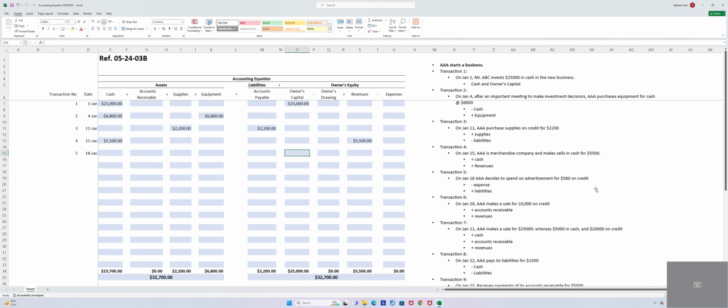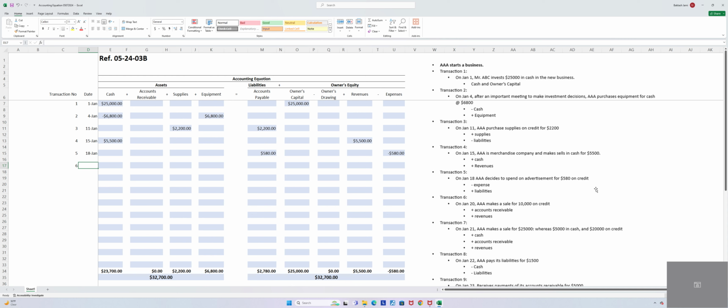So we add to our liabilities by $580, which is accounts payable, and we deduct $580 from owner's equity. Minus $580 doesn't mean the expense is reduced; in this equation, we put minus 580. And again, both sides of the equation are the same.